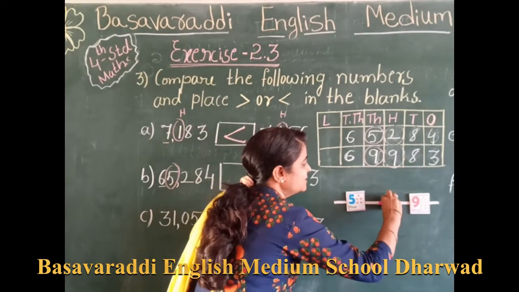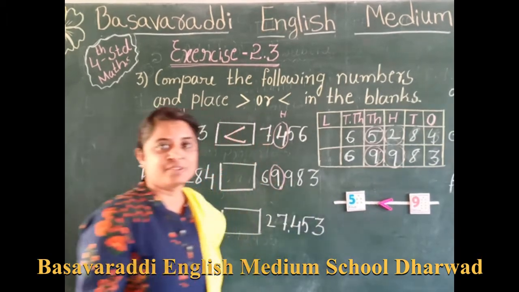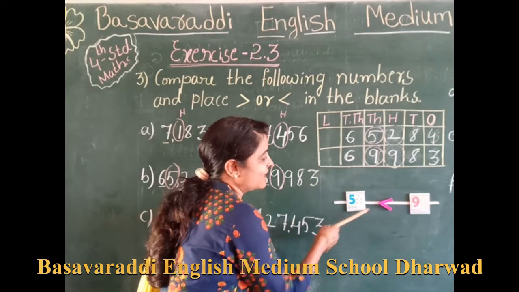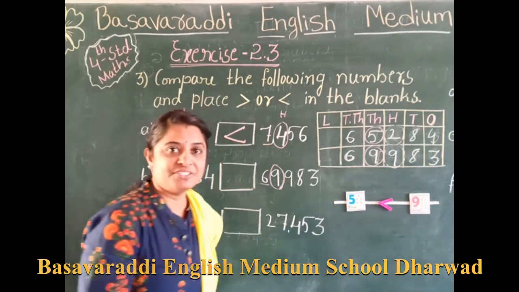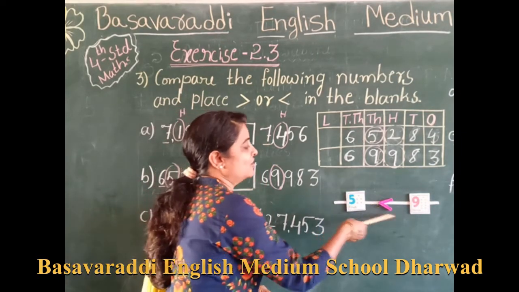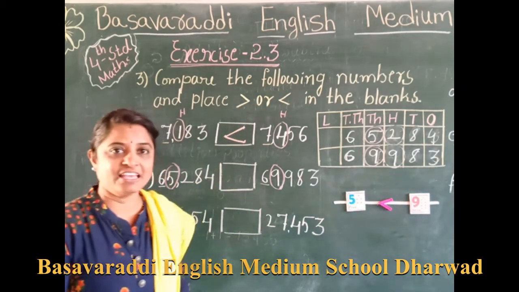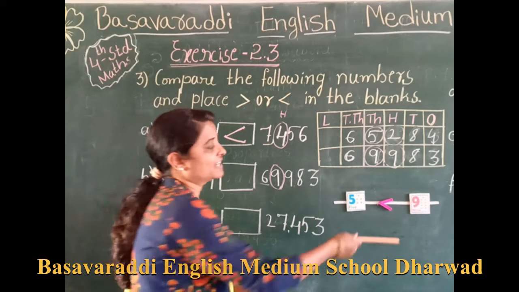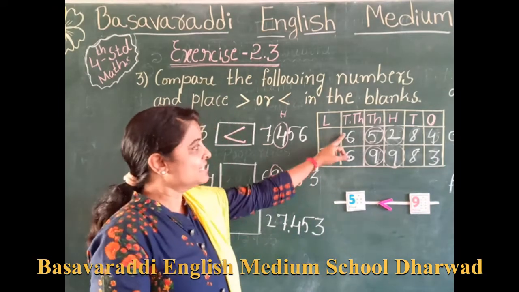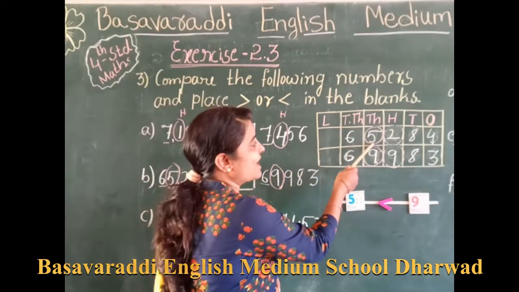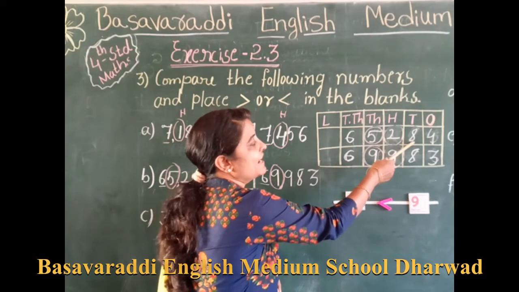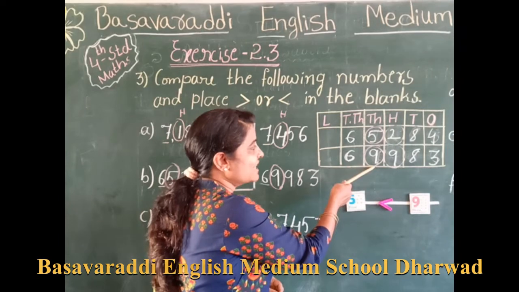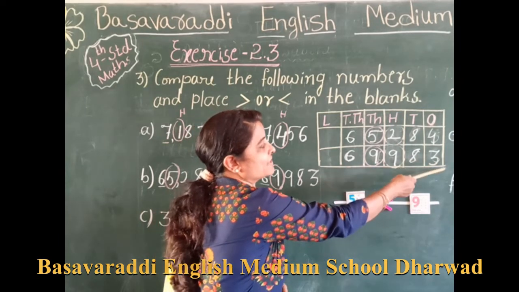Then put here like this type. Understood? Now read the number. 5, it is a sharp edge there. 5 is smaller than 9. 5 is smaller than 9. Then as we are reading this one, same it is here also. 65,284 is smaller than 69,983.